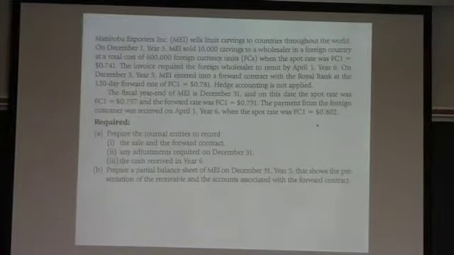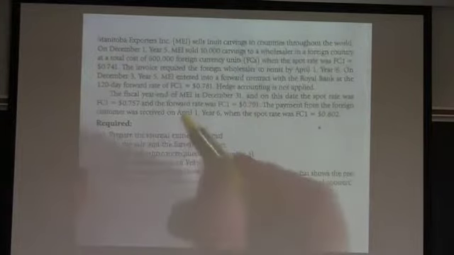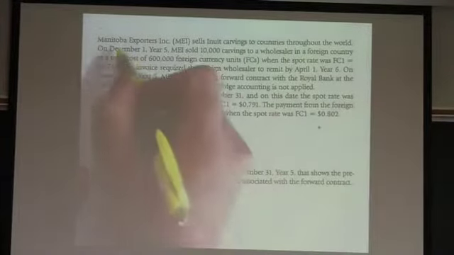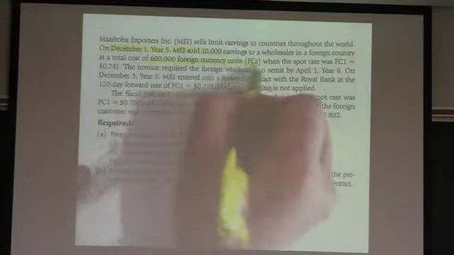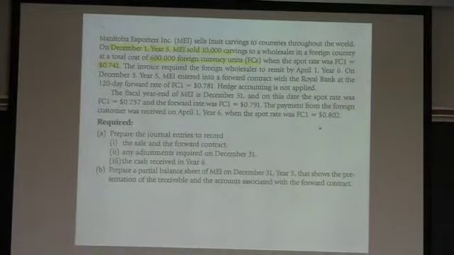So Manitoba Exports sells Inuit carvings to countries throughout the world. On December 1st, year 5, this is the date of transaction, they sold 10,000 carvings at a total cost of 600,000 foreign currency units, and the spot rate is 0.741. So let me write that down.